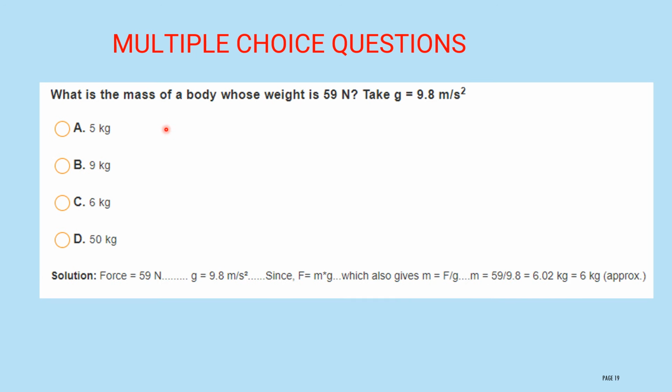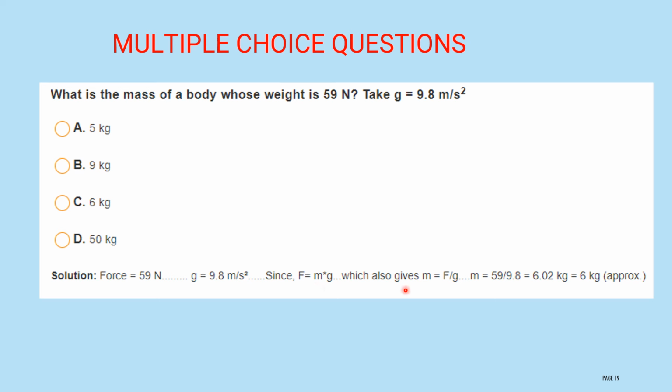Next question. What is the mass of a body whose weight is 59 Newton? Take g value as 9.8 meter per second square. Here they have given force is 59 Newton, g is 9.8 meter per second square. You know the formula, F is equal to m into g.